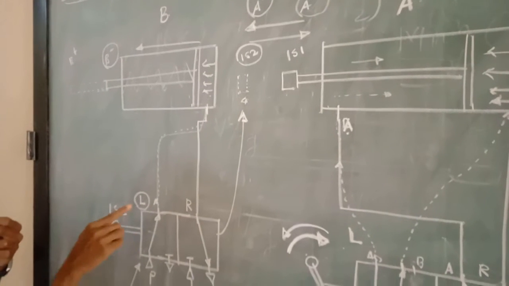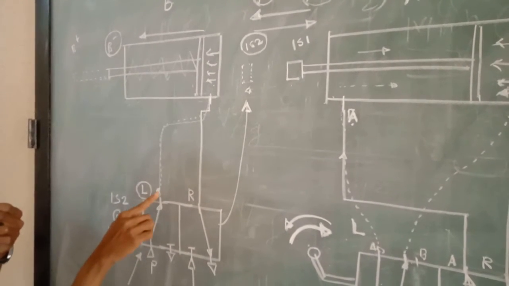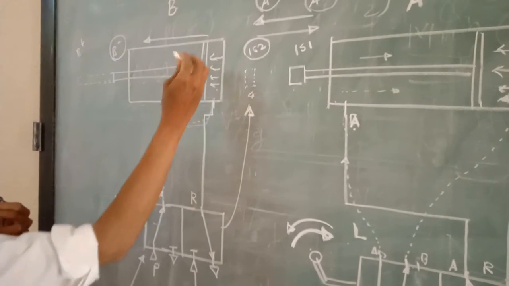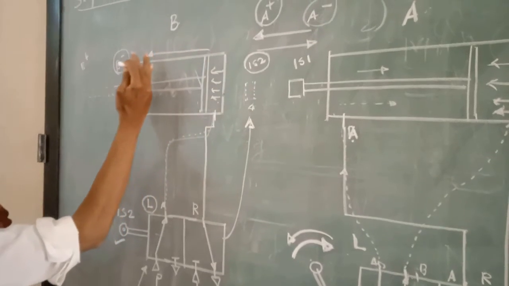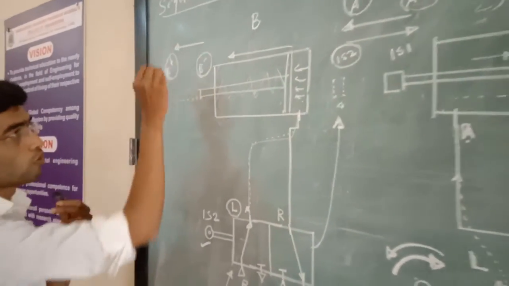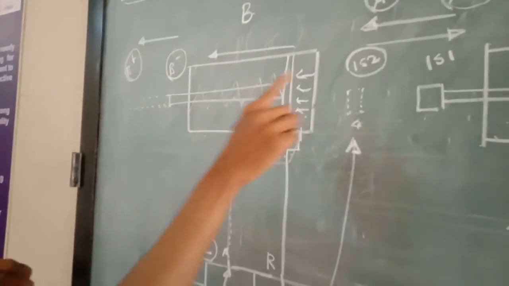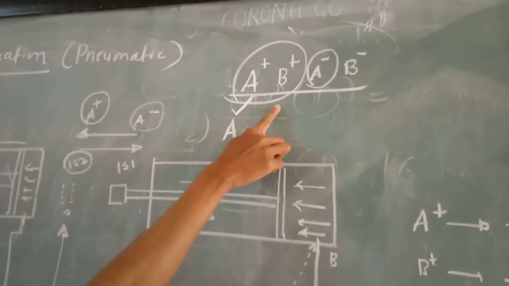So air will enter from the pressurized port to the A port, enter the right side, and create pressure in the single acting cylinder, and then the piston will travel to the B plus position. This is the forward stroke of cylinder B. So we get A plus, then we get B plus automatically because of the roller switch.